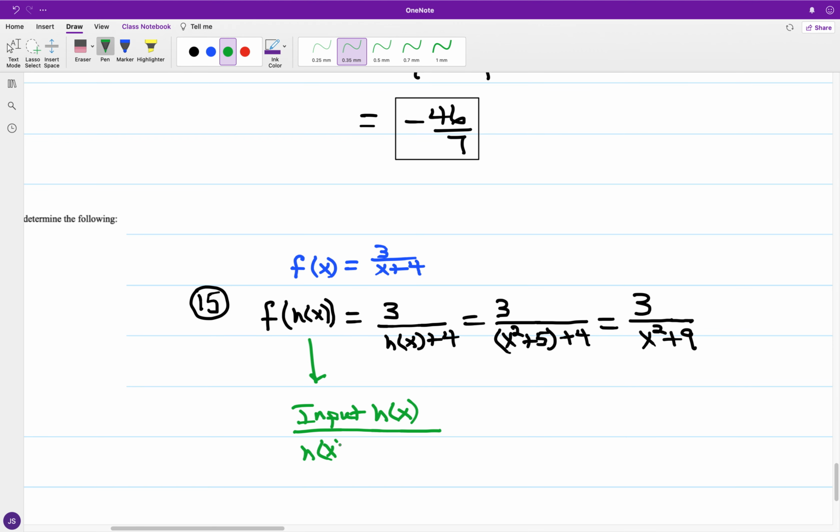So we have h of x is equal to x squared plus 5. And again, since this is a direct expression, there is no restriction. And for the output, you have 3 over x squared plus 9.